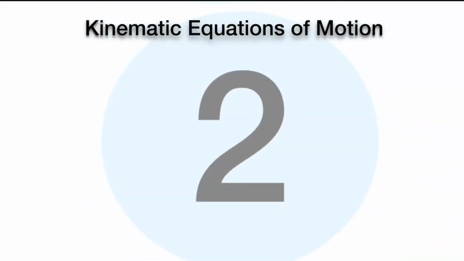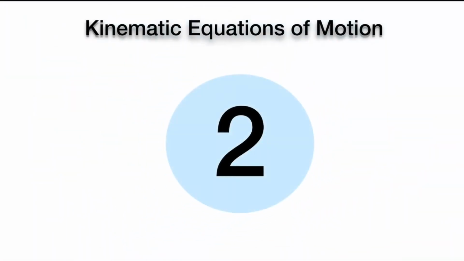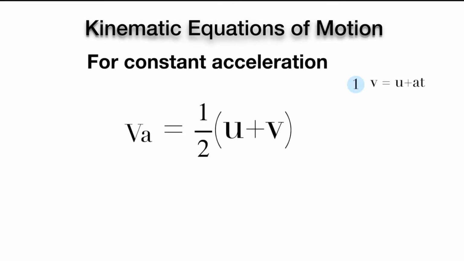Now, let's move to equation number 2. Equation number 2 depends on the average velocity. Average velocity is equal to (u plus v) by 2, meaning initial velocity plus final velocity divided by 2, if the motion is constant acceleration motion. Using this average velocity, we are going to find the displacement when the velocity changes from u to v.